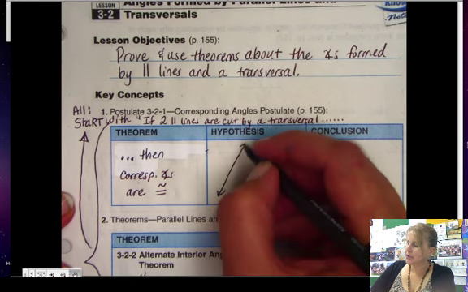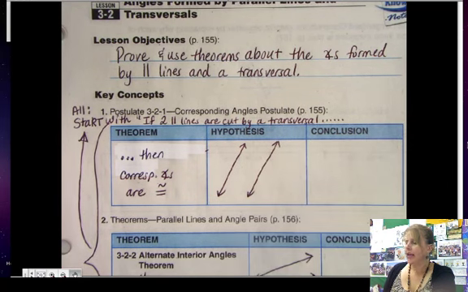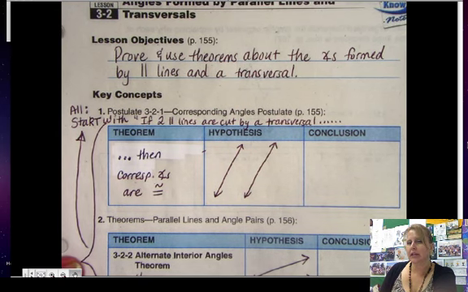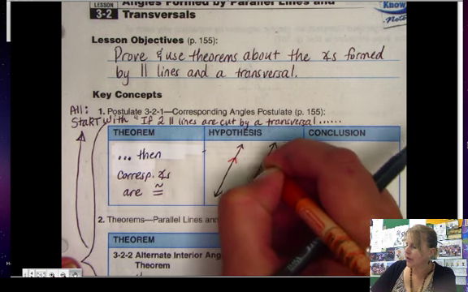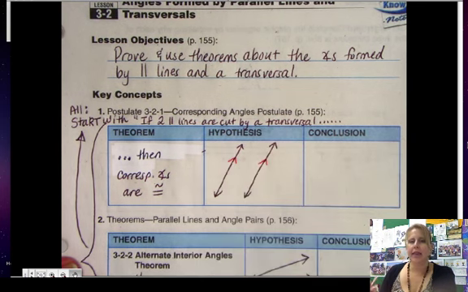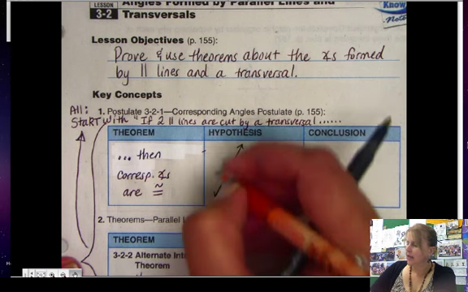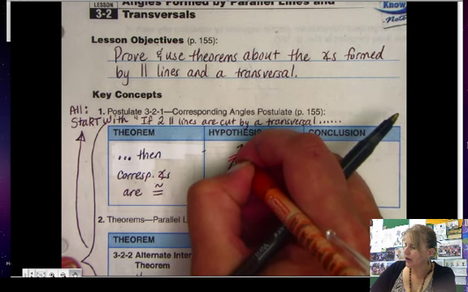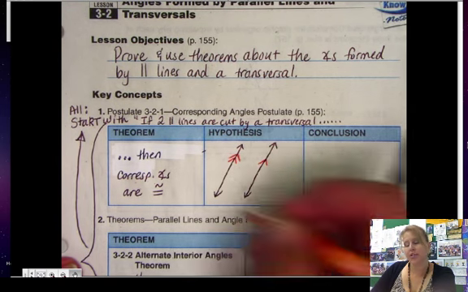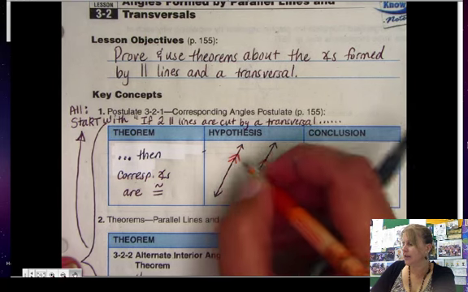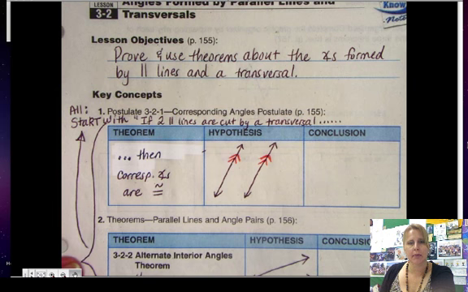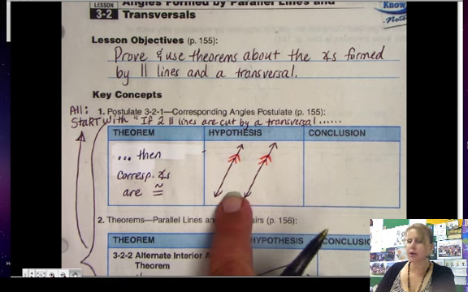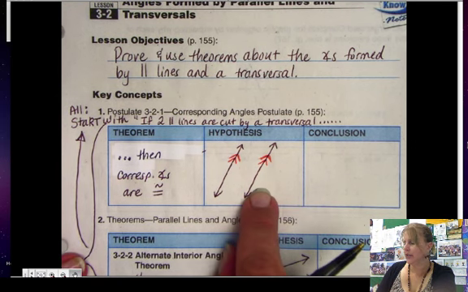So we have 2 lines here, and I'm going to show you, I don't know if you know this or not yet, but if you want to show that the lines are parallel, then what you do is put a little arrow on them, and those 2 are parallel lines. If you see a double arrow on one but not on the other, these 2 would not be parallel. So if I do a double arrow on one, if they're parallel, I have to do a double arrow on the other. So that shows me that the 2 lines are parallel to each other.